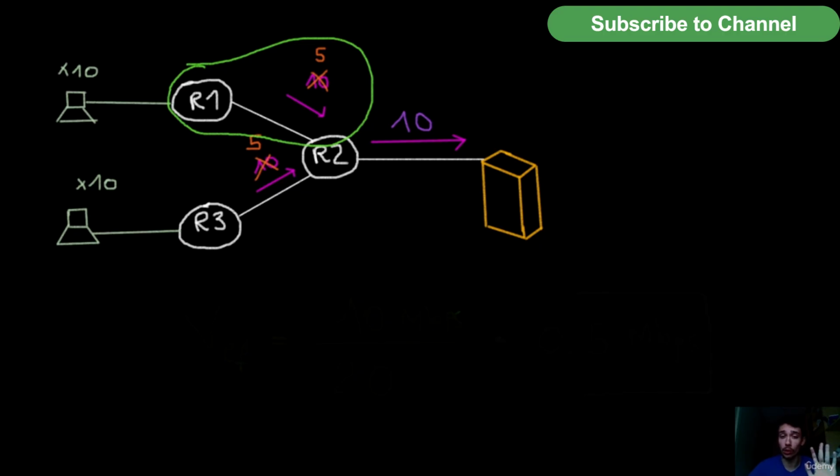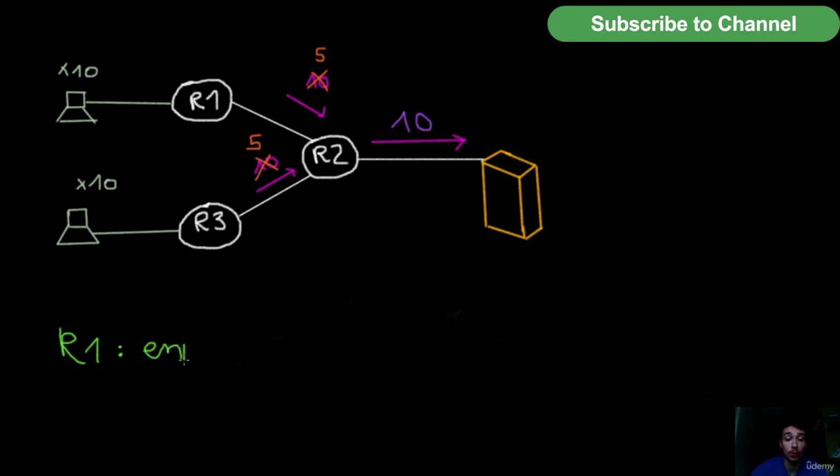Since router 1 has the capacity to send 10 megabits per second but we are sending only 5, which is half of what we could send, the buffer of router 1 is going to be empty. The reason is that we are sending at a speed less than the total capacity. The same happens with router 3. On average we send 5 megabits per second, which is less than its capacity, so the buffer of router 3 is also empty.